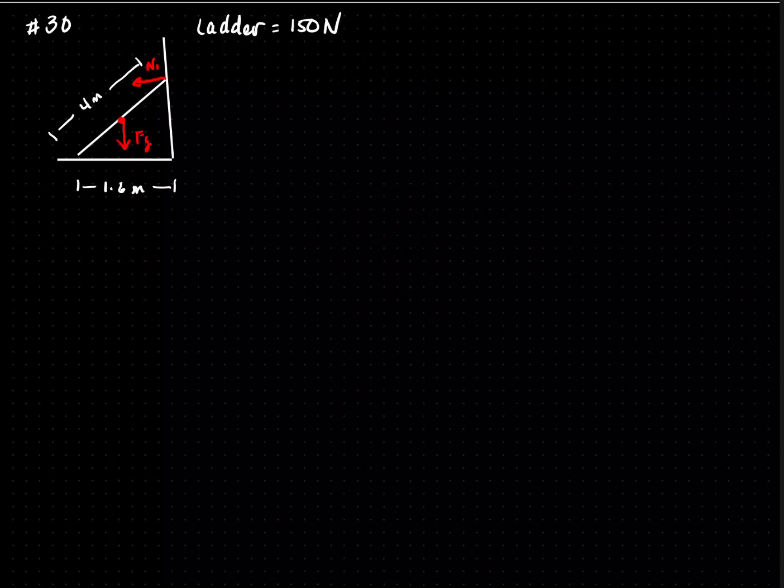It will also have a normal from the ground, labeled N2. We do not know if N1 and N2 are the same. It also has a frictional force. The frictional force is going to go towards the wall to prevent the ladder from slipping down.